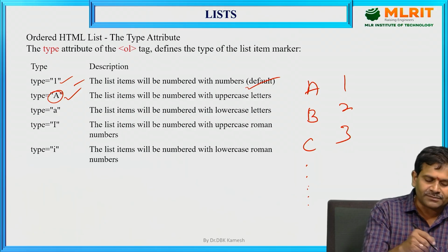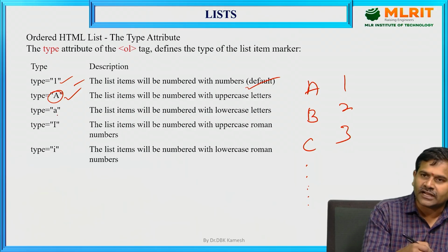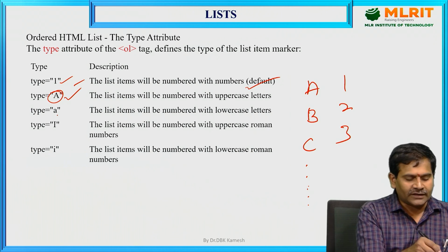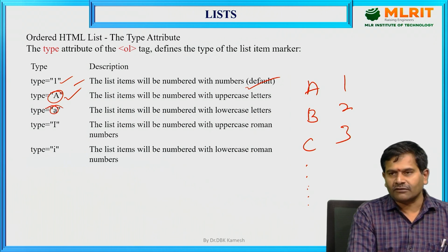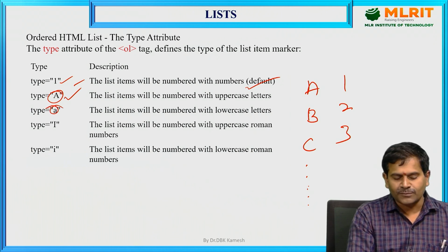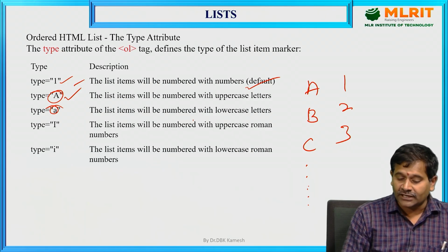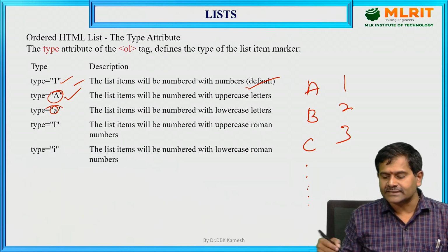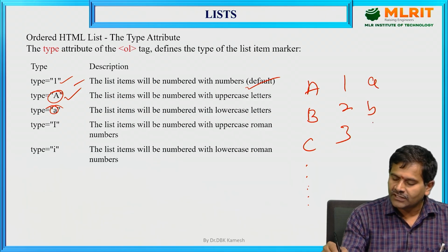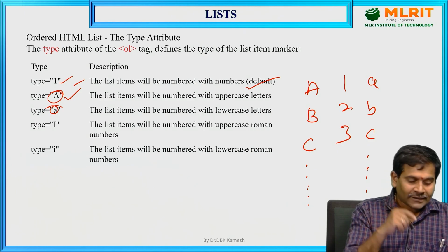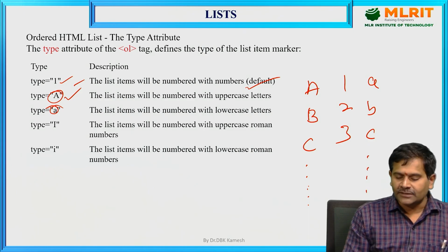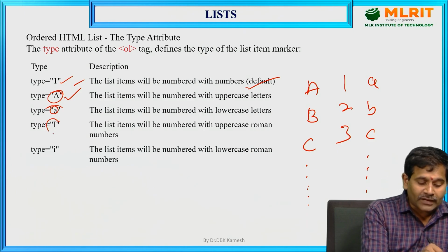Then sometimes, based on the requirement, we need small a. Capital A, followed by small a. The list items will be numbered with lowercase letters, A, B, C and so on. Then sometimes you may need uppercase Roman numerals.